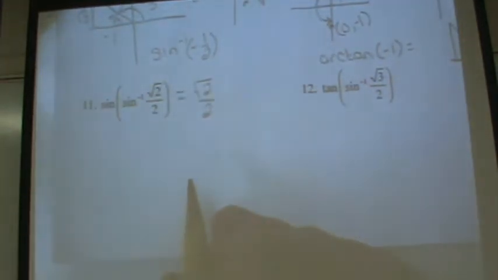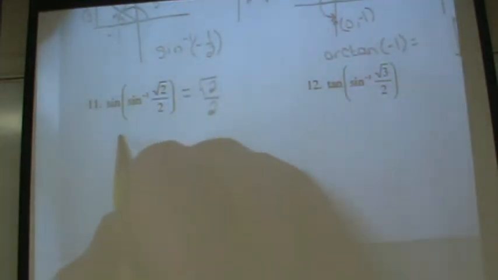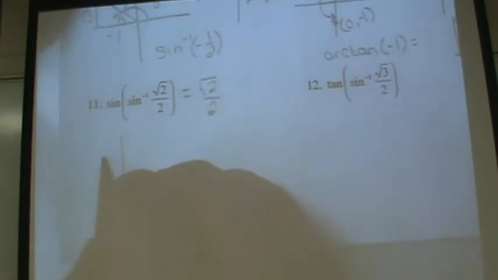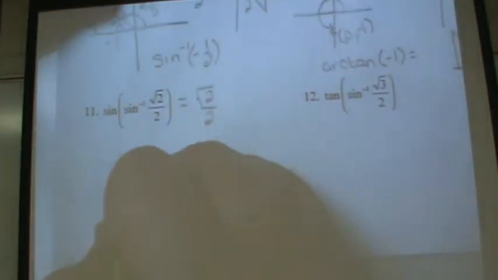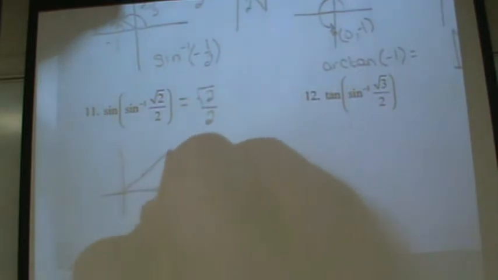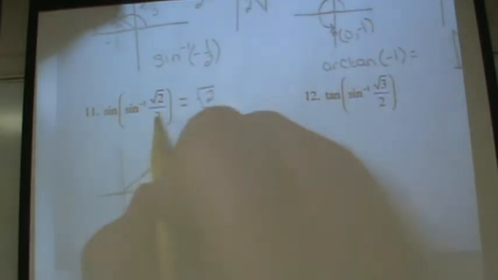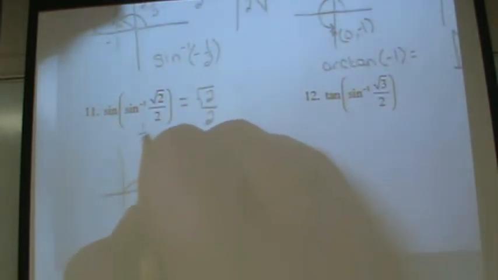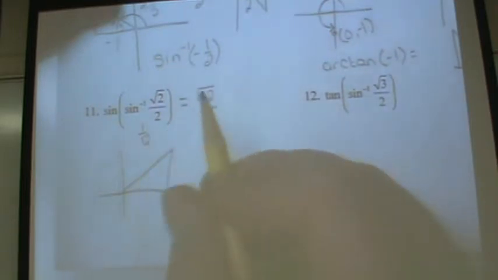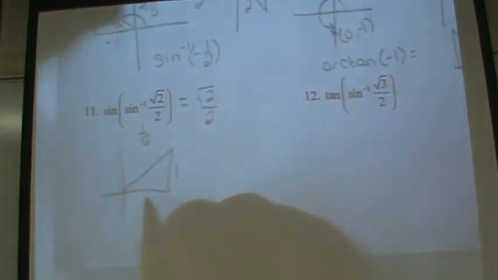Now, if you weren't sure that this went along with the property, you would draw it out. So we're positive, so we're in the first quadrant. Remember that this is 1 over root 2, so our opposite side and our hypotenuse.